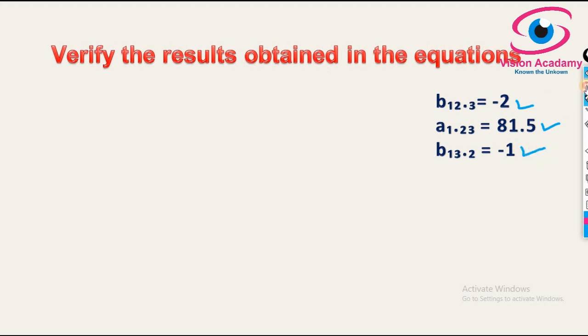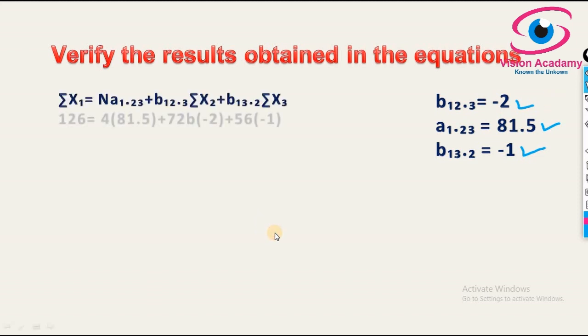So then let us replace these three values in normal equation 1. So the normal equation is this. I will just replace the normal equation by their respective values. So summation x1 is 126, n is 4, and we got A1.23 value is 81.5, and summation x2 is 72.